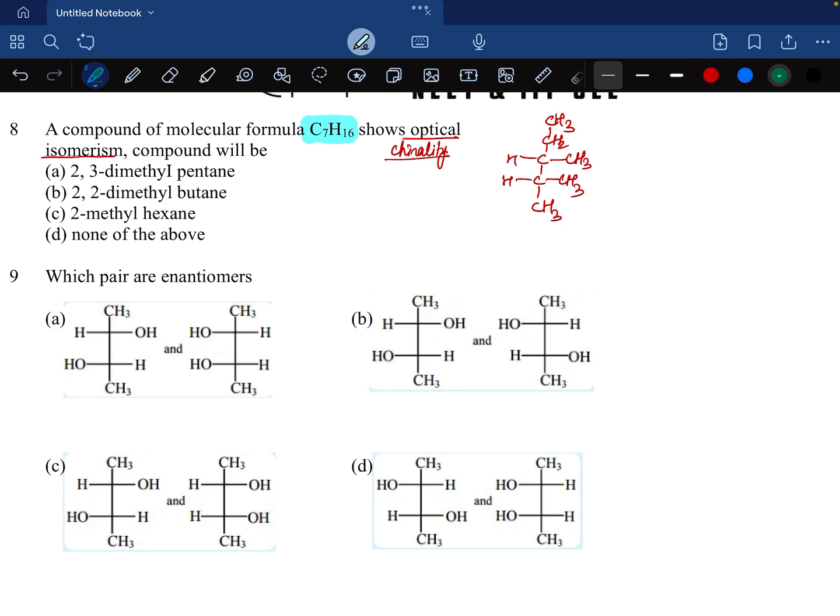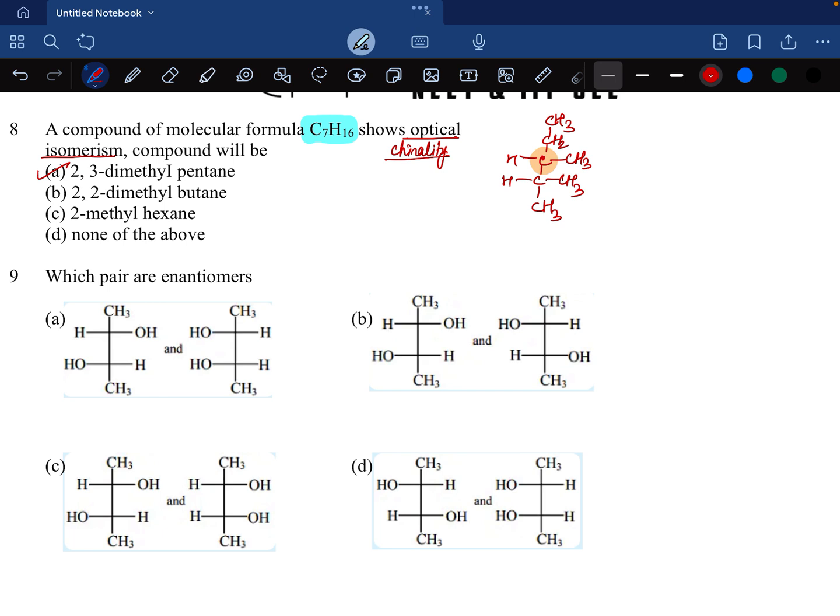Do we have chiral center? So if you see this particular carbon, okay, this is chiral in nature. So chiral center is present here. Okay, we got chiral center. If we check B, so this should be optically active. Let's check the other also.